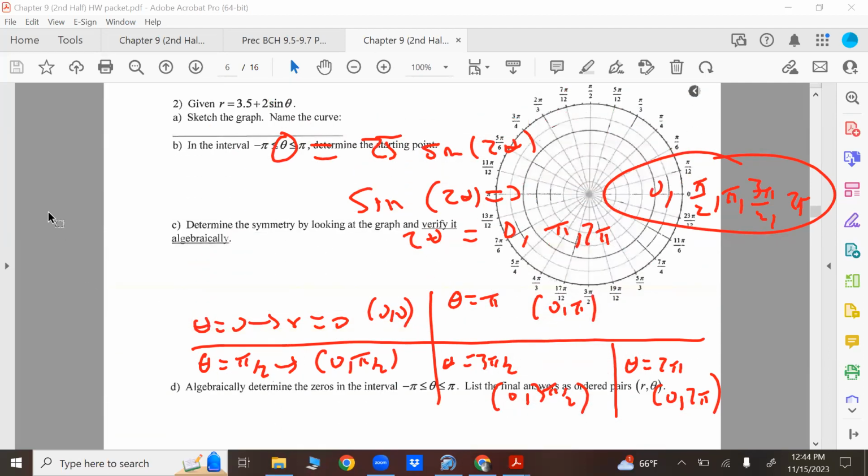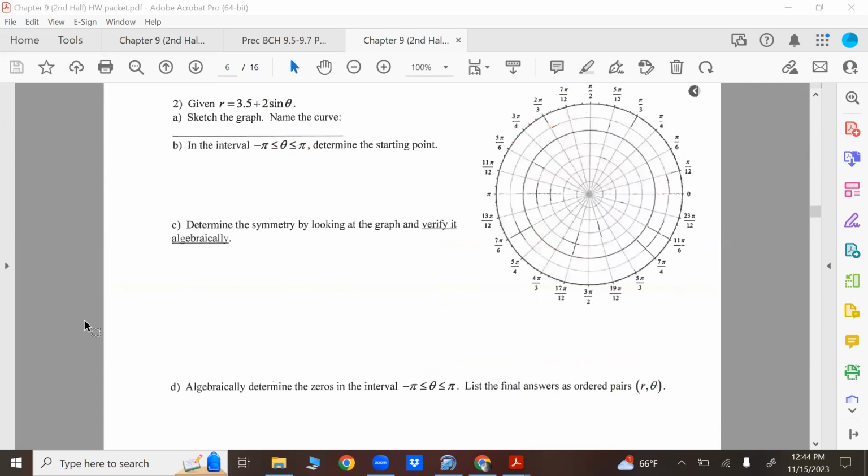All right, for number 2, this is what we call a dimpled limaçon. We're going to go from negative pi to pi. So determine the starting point. Obviously, you do 3.5 plus 2 sine negative pi, which would be 0.